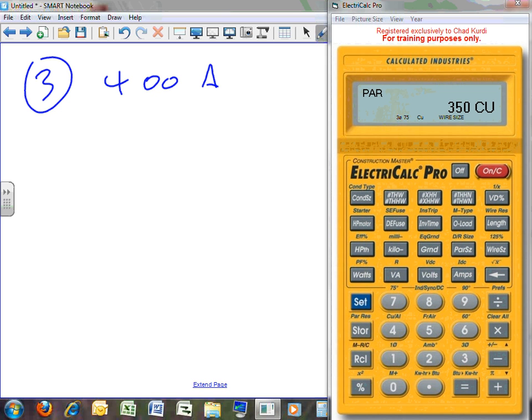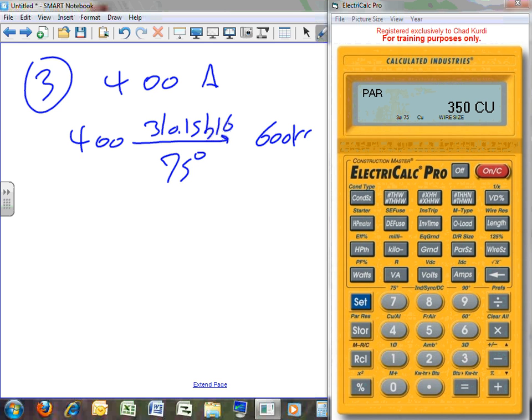Okay, no problem, Chad. 400 amp. If you take 400 amp directly over to 310.15(B)(16) under the 75-degree column, it will give you 600, three conductors, 600.